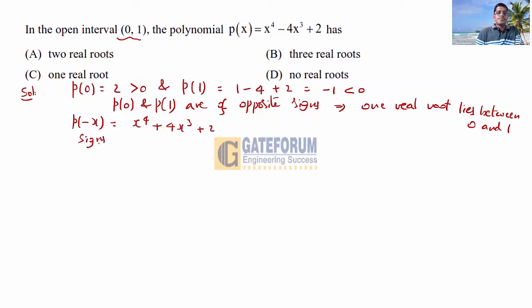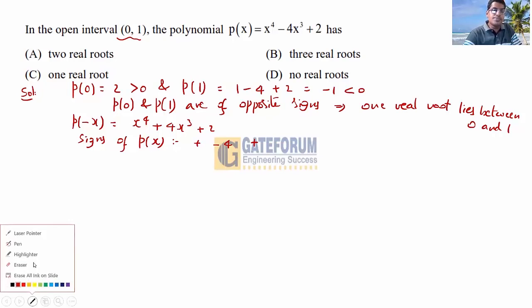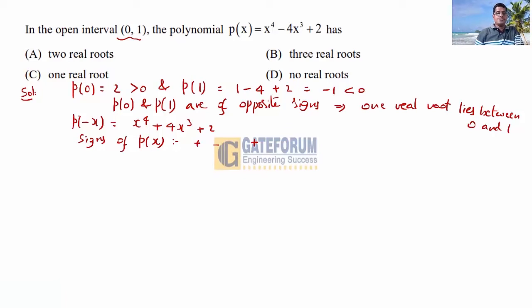Signs of P of x, that is the symbols, are the coefficients of the terms, which are nothing but signs. X power 4 coefficient is plus, x cube coefficient is minus 4, and the constant term is plus. So that is plus, minus, plus. Similarly, signs of P of minus x are plus, plus, plus.